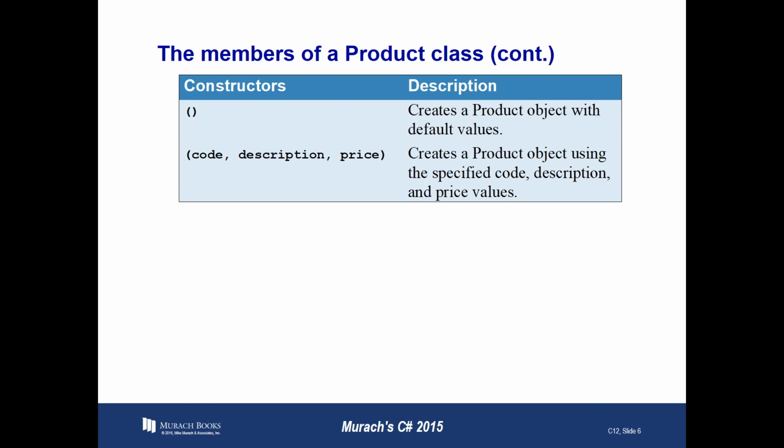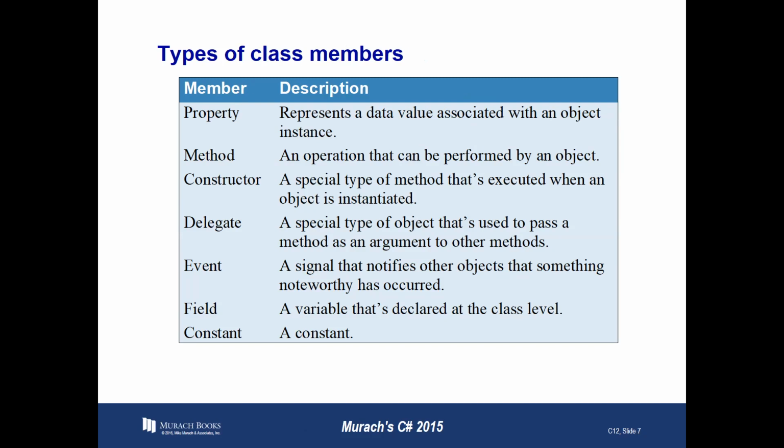You could define your own default values, or you can leave those blank, and it just creates a default product object, which doesn't have code, description, or price in it, presumably, and then you would have to assign those property values later in the code.